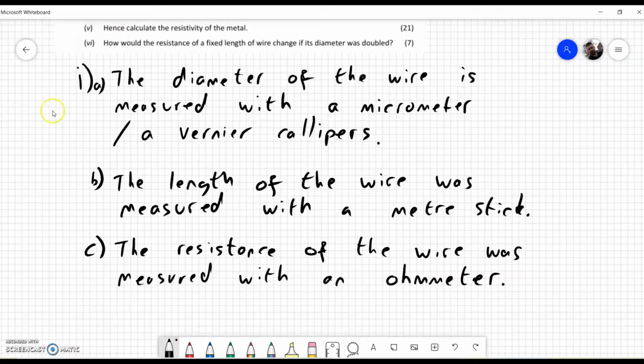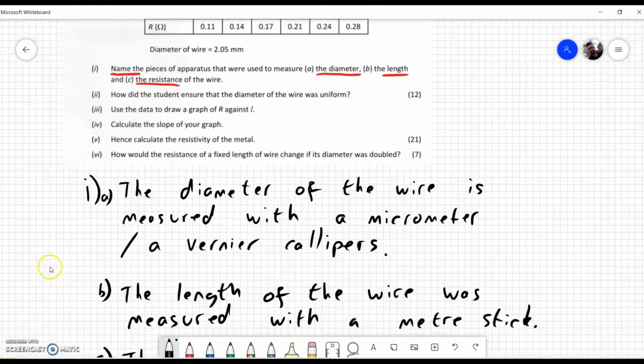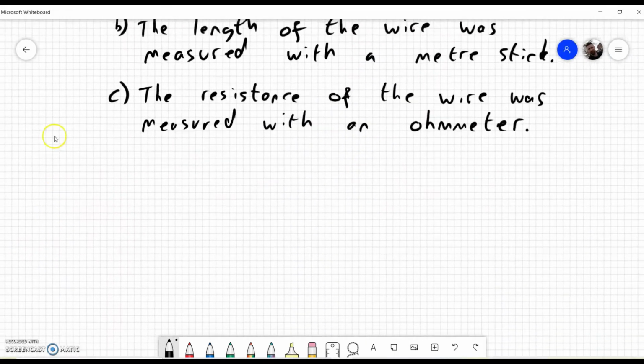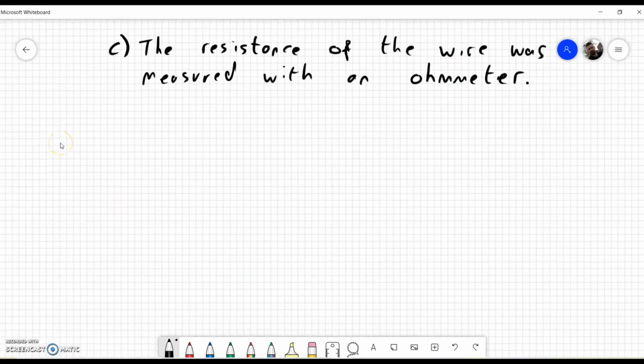Okay, the next question was how did the student ensure that the diameter of the wire was uniform? I'm going to write down two sentences because as good practice, this is what you should do. But the marks are actually awarded for each sentence. So you only have to have one of these two sentences, but you are better off writing both, and it's probably the best way to do the experiment.